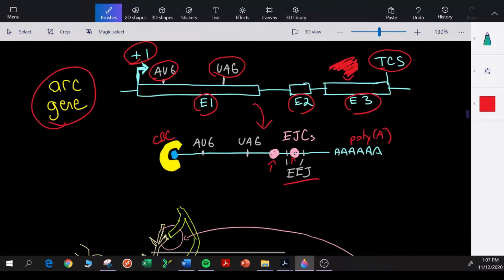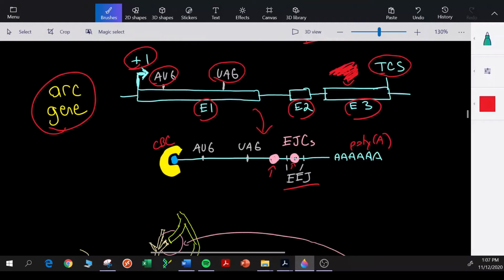And you can see with this messenger RNA, we have a problem, right? When the ribosome jumps onto this and starts translating, it's going to stop here. And that ribosome is going to detect, when the SURF complex joins the ribosome at the stop codon, the EJCs and it's going to degrade that messenger RNA.